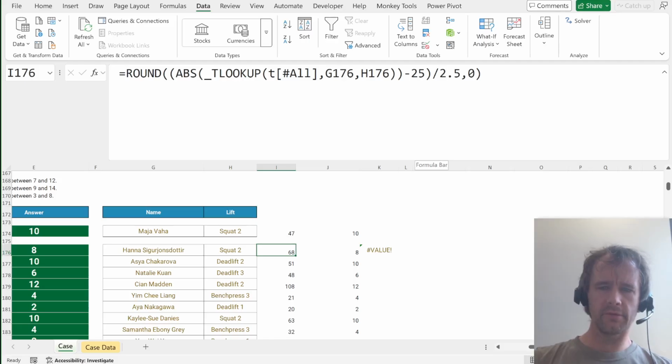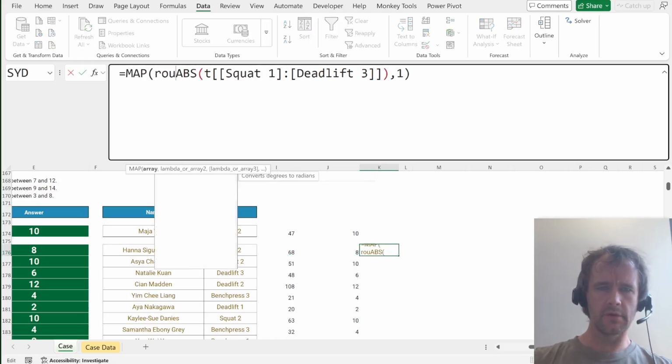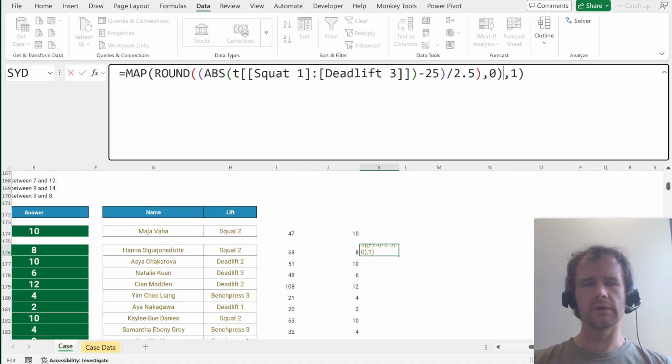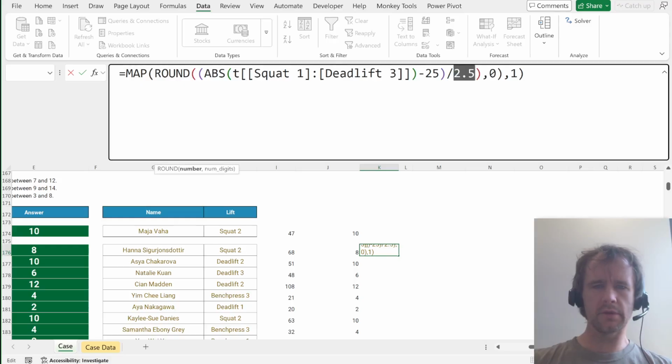So minus 25 over 2.5 and round. Absolute value of that, minus 25 over 2.5, and round to 0 decimal places. Okay, wait, what? Sorry, yeah, no closing bracket there.